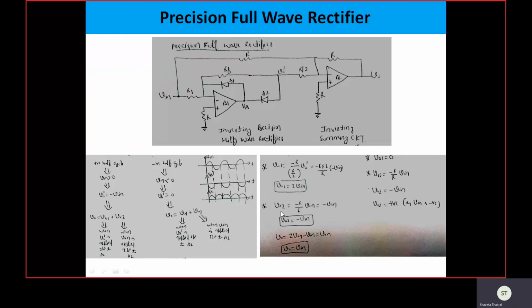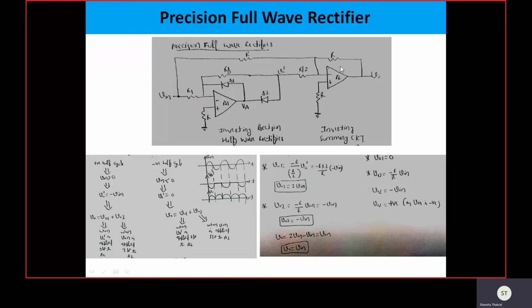And when we calculate V naught 2, we see the effect of input voltage here and neglect the effect of V naught dash. So this we are putting 0 and considering the effect of this input voltage. So now input resistance to this operational amplifier is R and the feedback resistance is also R. And what is the relation between V naught and V in?